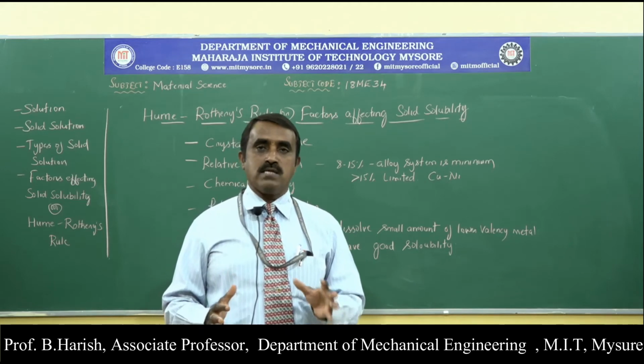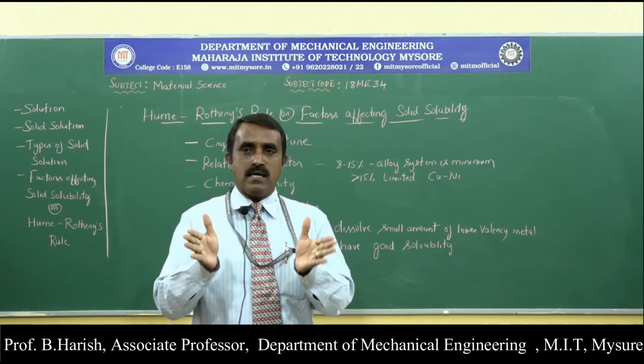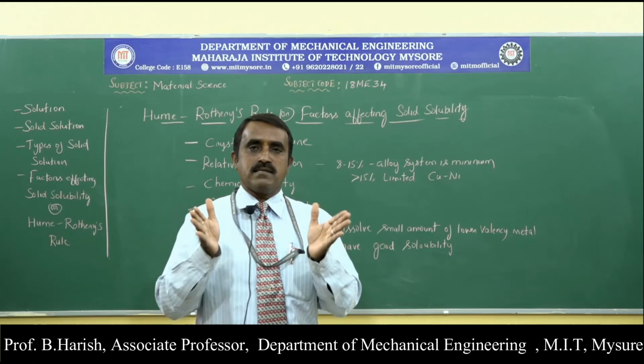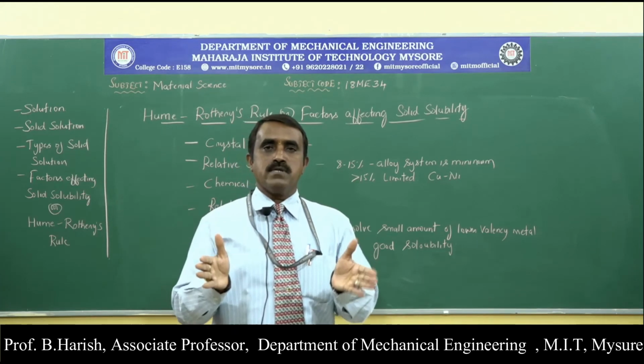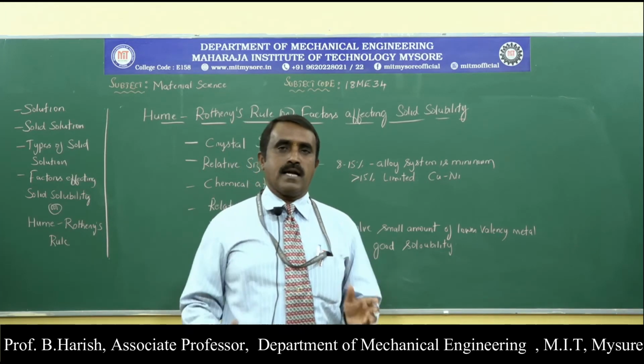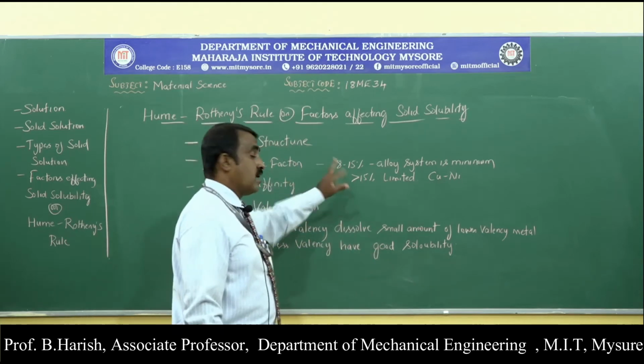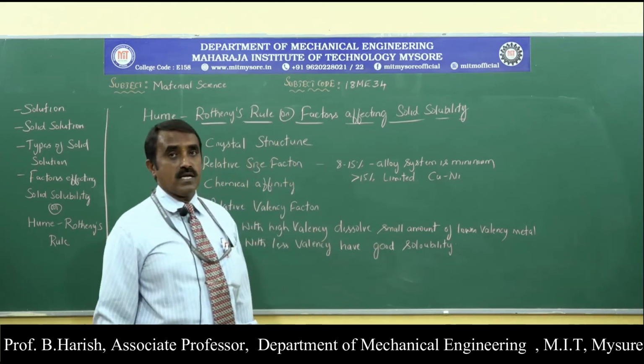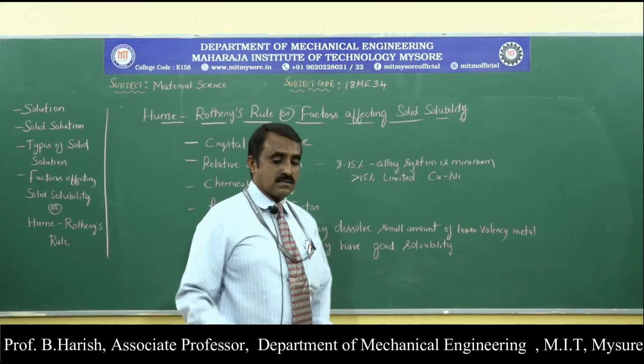Relative size factor. What is relative? Relative means looking at both the atoms. If it is an alloy of a 2 system, then 2 atoms. If it is an alloy of a 3 system, 3 atoms. Here, one factor he has given is about size variation.